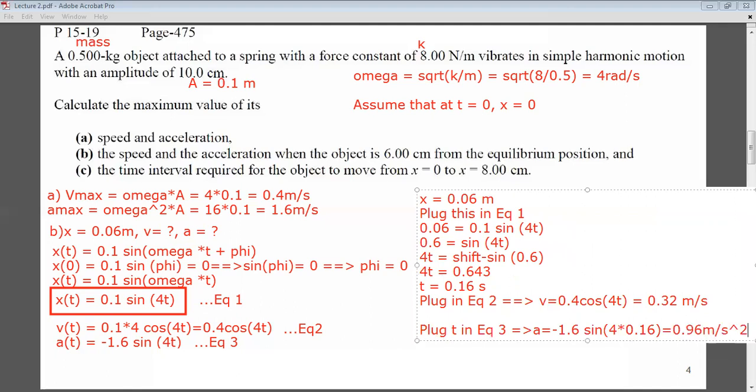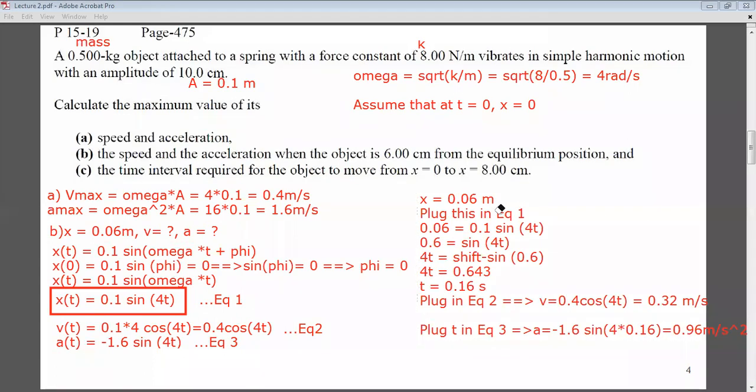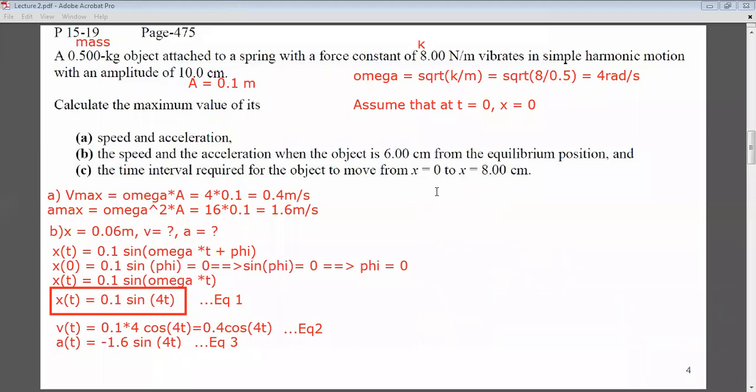Okay. Now, for part C, we need to find the time interval required for the object to move from x equal to 0 to x equal 8 centimeter. I'm gonna erase this part over here. So the same thing, we assumed from the beginning that at time equal to 0, x is equal to 0.